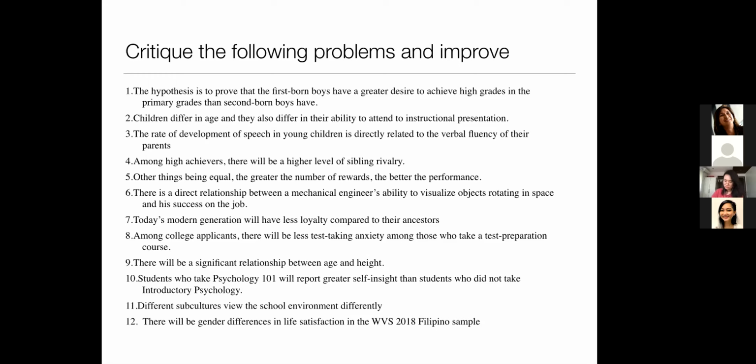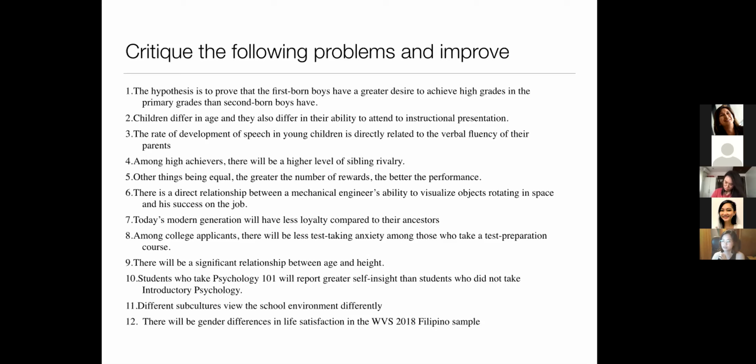Number 7, group 3. Hi, ma'am. For number 7, we wanted to define the groups better and also keep it in the present tense. So we changed it to millennials have less loyalty compared to boomers. Okay.